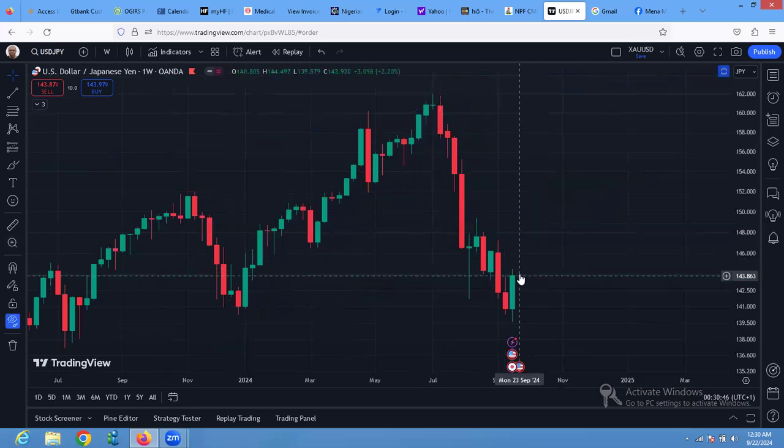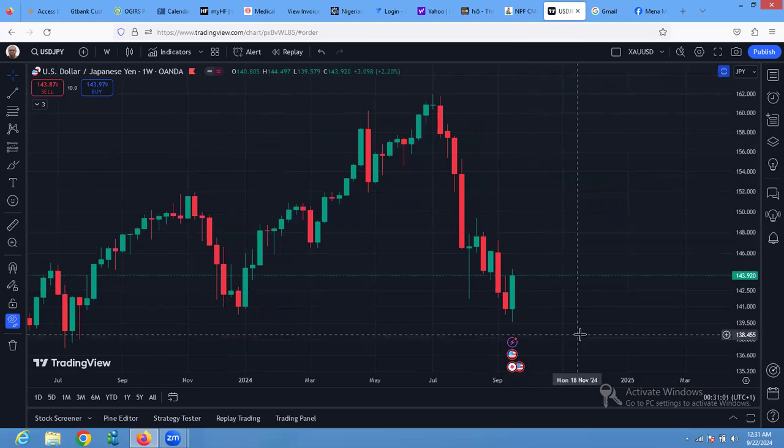If this candle is going to close like this, then I might just look for a pullback to buy. Not to buy at this level, but if I can get a pullback to buy, I'll be looking to buy to that level, then sell again.